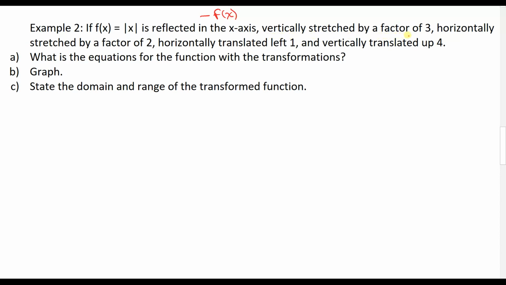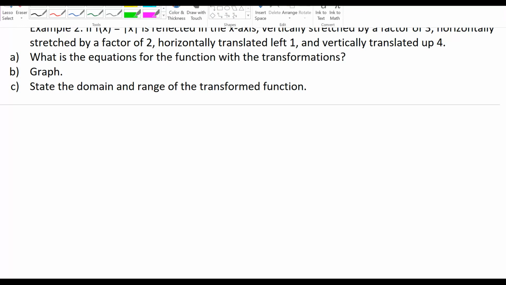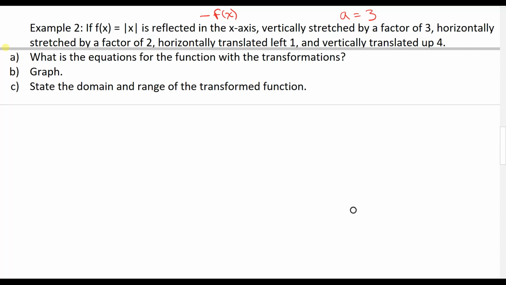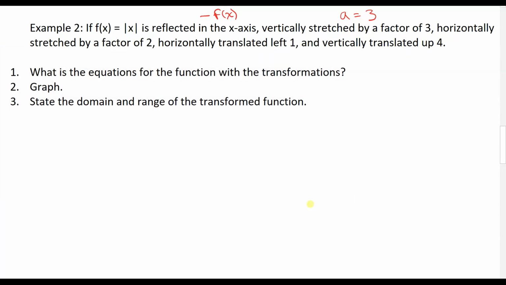Vertically stretched by a factor of 3. What does that tell us about the a value? A is equal to 3. Horizontally stretched by a factor of 2. What value is that? Horizontal is k. And if it's stretched, is it going to be 2 or 1/2? Is a horizontal stretch big numbers or small numbers?